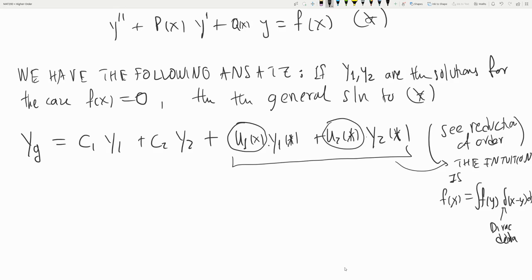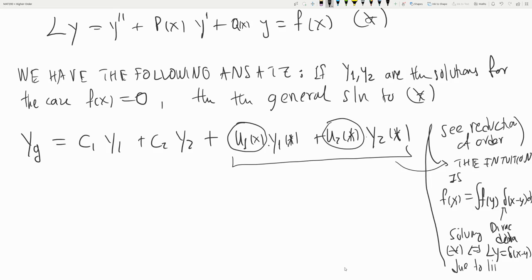So one intuition, if you are curious, is that solving the star equation is the same as solving Ly = delta(x − y) due to linearity. If you have more questions, just tell me, and we can go over it in detail.